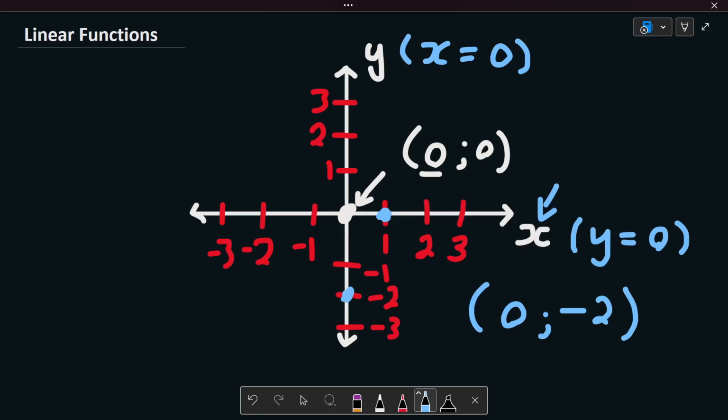And any point on the y-axis, we all know that the x value in the coordinate will be equal to 0. And that is going to be very crucial information when we are dealing with intercepts. But that is going to be for a later stage.